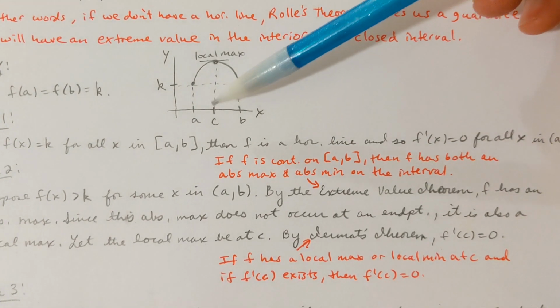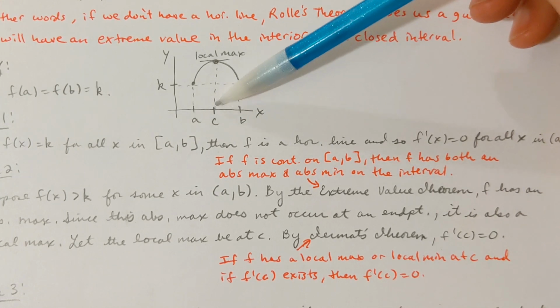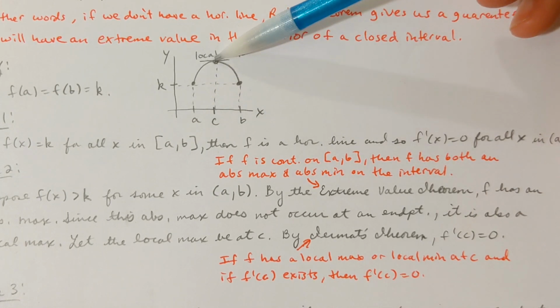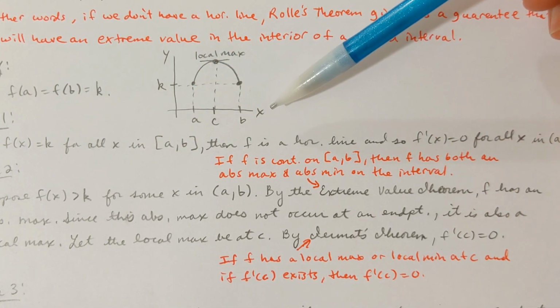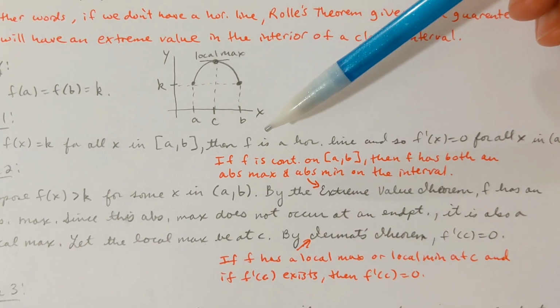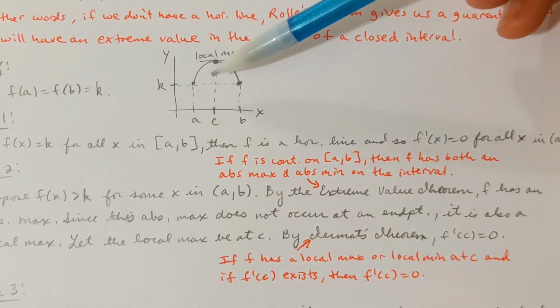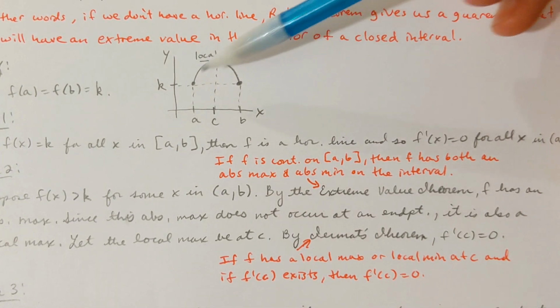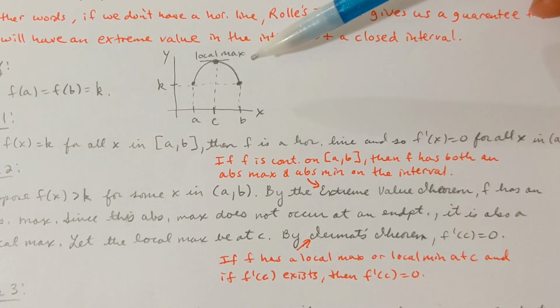So in my picture here, suppose that c is located somewhere between a and b, and you have a y value that is some number bigger than k. Well, the slope of the graph at that spot has to be 0. You're producing a local max somewhere between a and b, so somewhere between a and b, you're going to have the slope of the tangent line being 0.